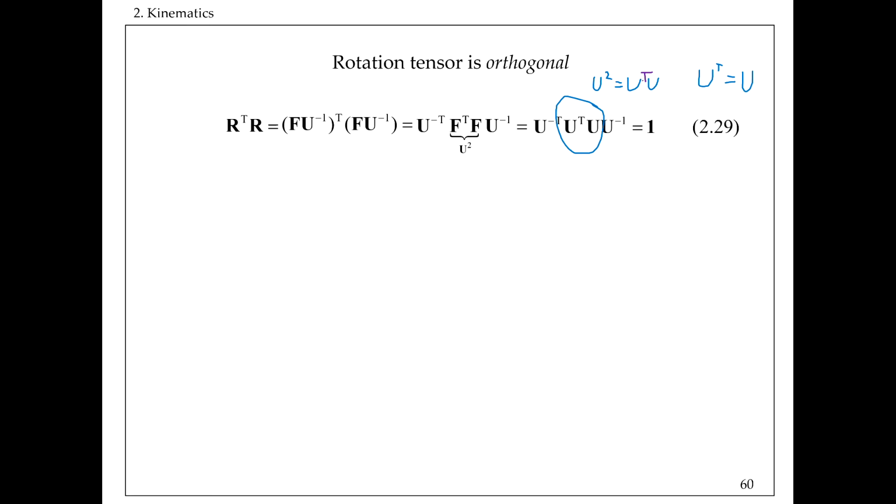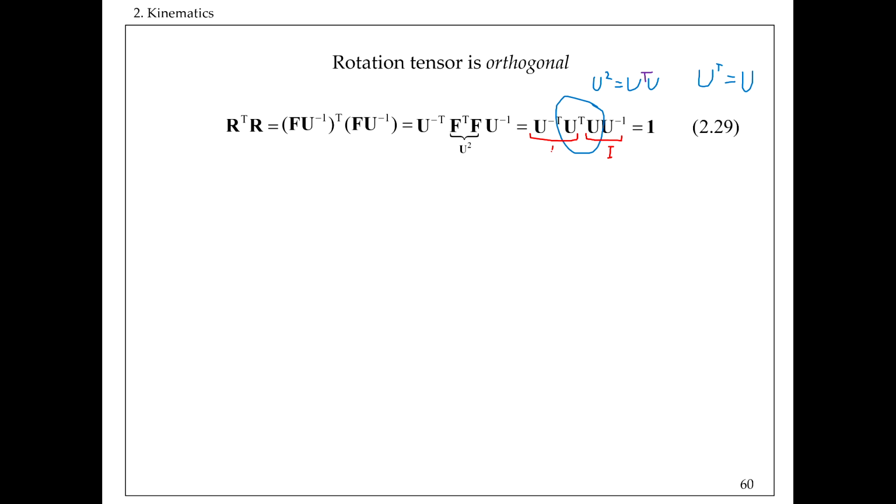Once we did that, it becomes very helpful, because then we can identify these two things: U multiplying U^-T, by definition, will be the identity tensor, since this is the inverse of the same second order tensor. The same thing is here, because this is again an inverse of the same tensor, U transpose.